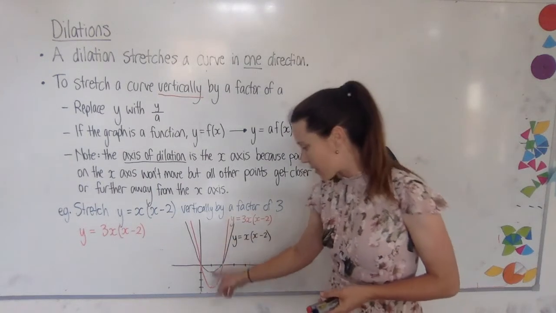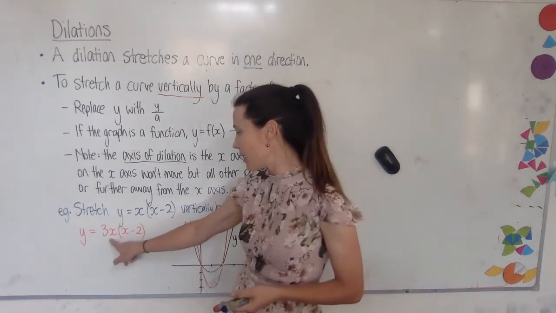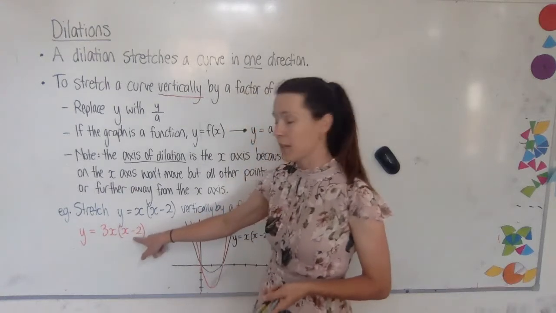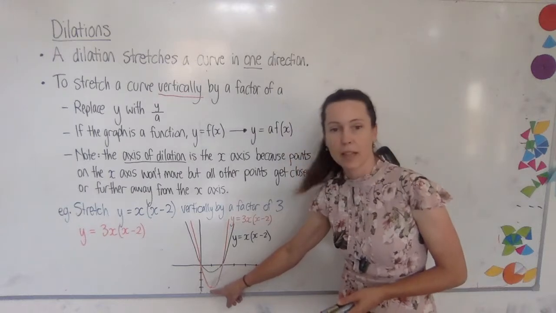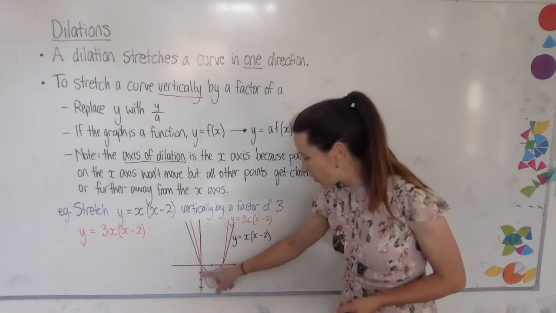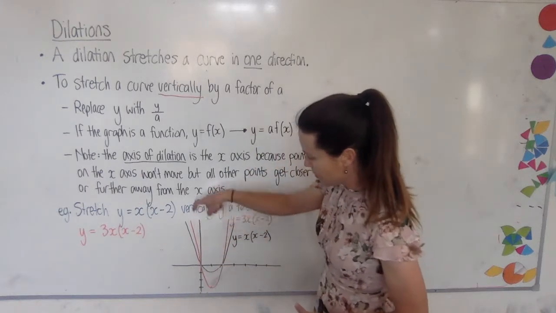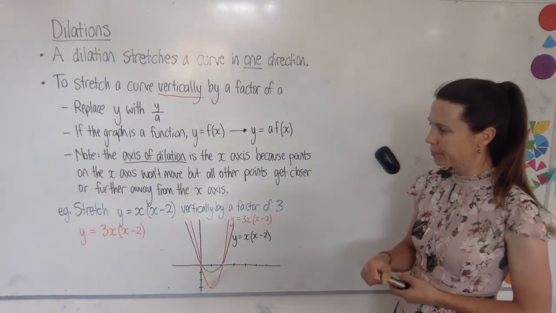It will also have its axis of symmetry at x equals 1, but when I sub x equals 1 in here, I can see I've got 3 times 1 times negative 1. That'll give me negative 3. That explains why its vertex is down so much lower. Now if it's going down lower, it also explains the stretching. It's going to come up and be sort of skinnier up here as well, so it alters the shape.